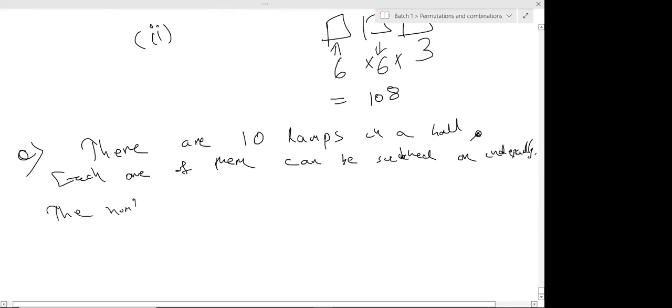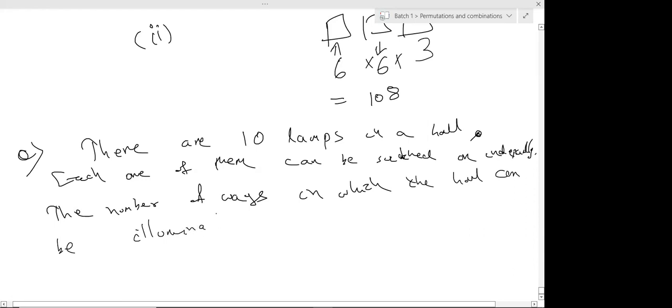The number of ways in which the hall can be illuminated. Alright, try to solve this. There are 10 lamps in a hall.